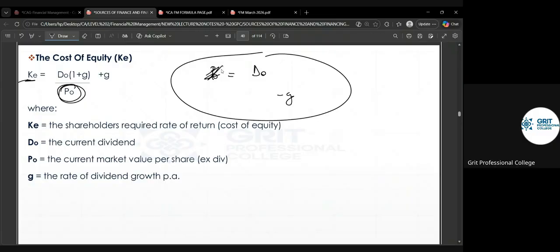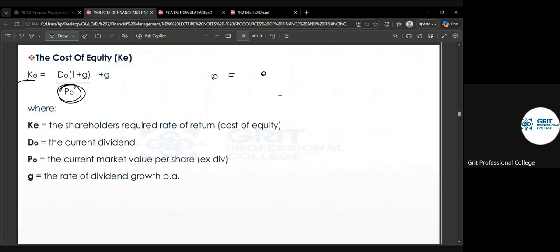So KE, which is the cost of equity, is equal to D0 (1 + g) over P0, plus g, where KE is the shareholders' required rate of return or the cost of equity.